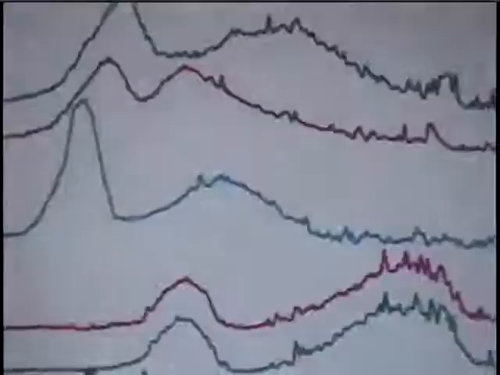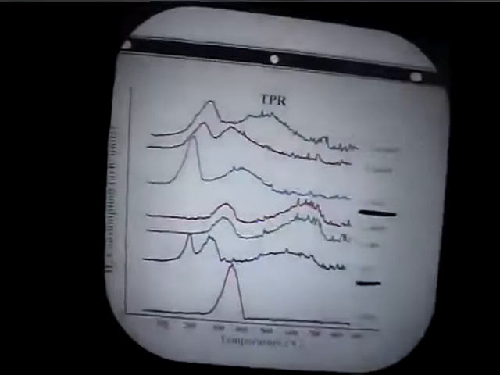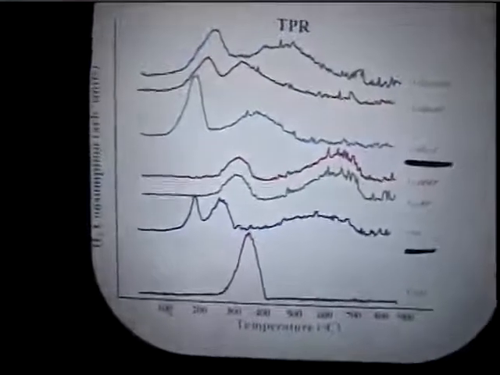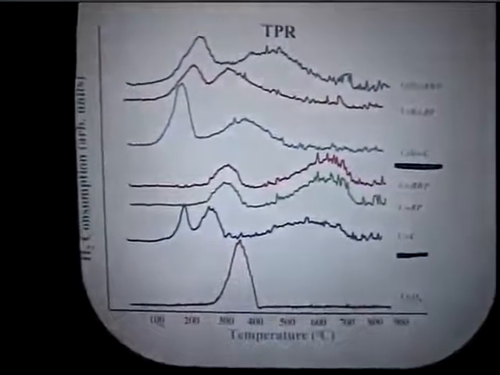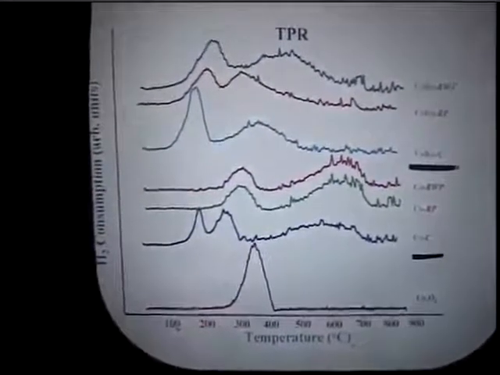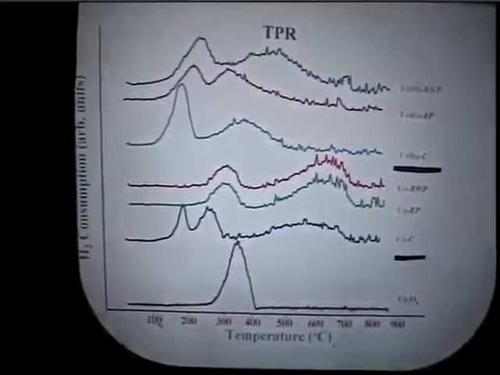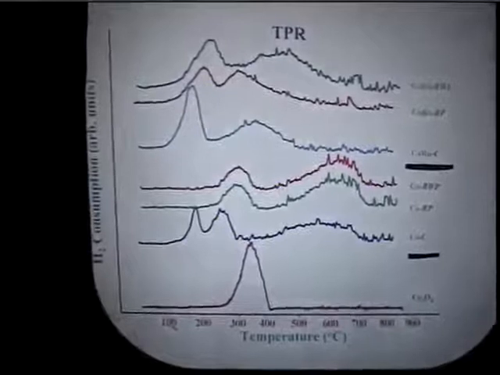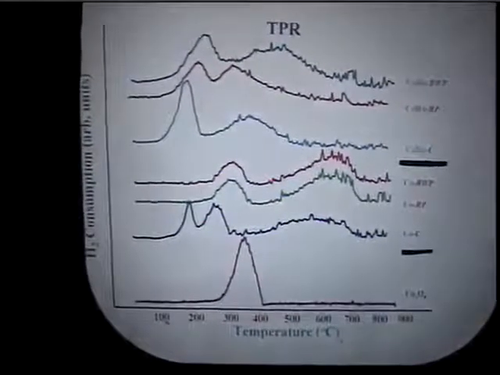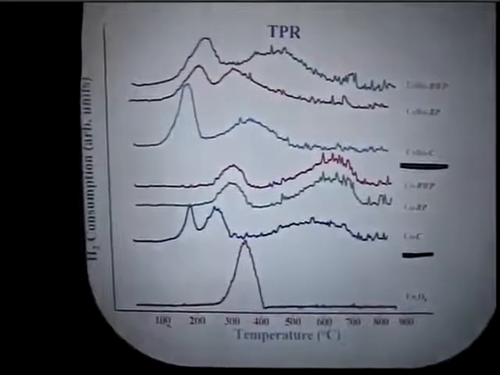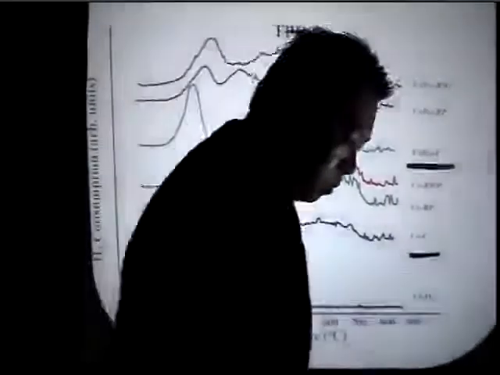From the TPR profiles, the amount of hydrogen consumption is related to the integrated area under the curve peaks. When the amount of hydrogen consumption is known, the reducibility of the catalyst sample can be calculated, and the result is shown on the next slide.